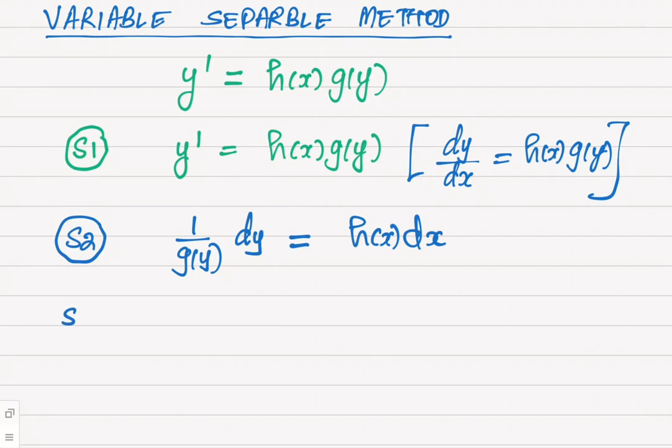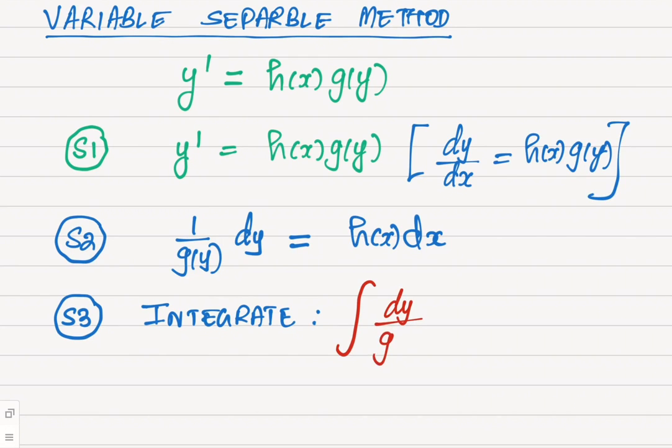Once we do that, the next step, step 3, is to integrate both sides. So we're going to have the integral of dy over g of y equals the integral of h of x times dx.